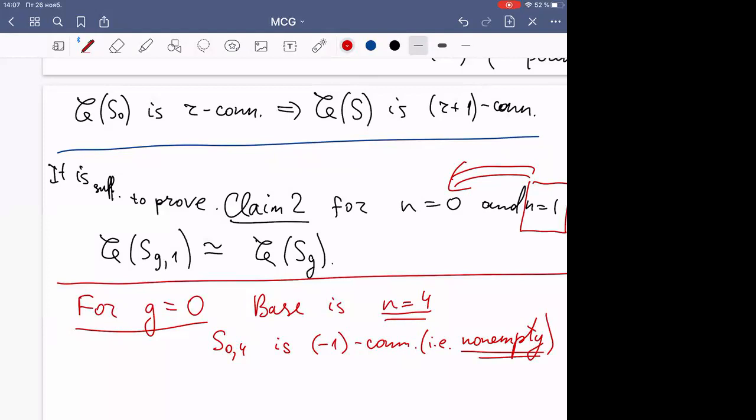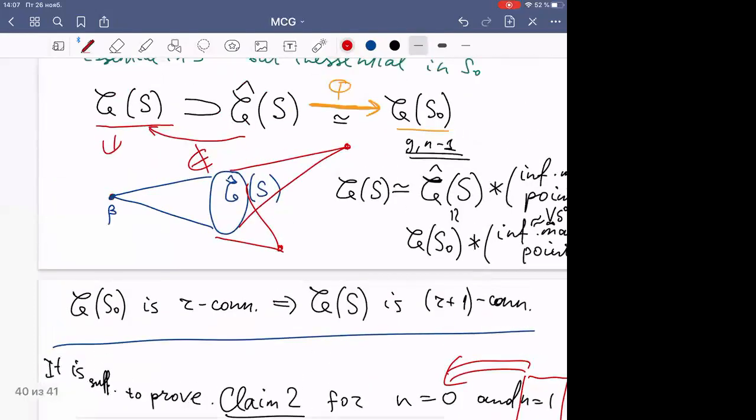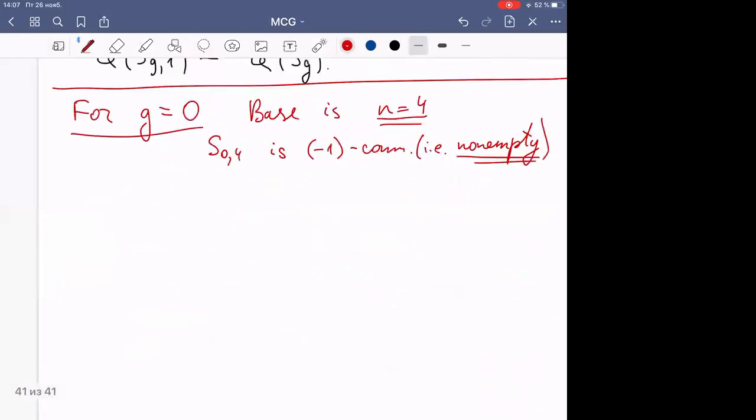So it is non-empty. Hence, on the second step, we take the join of a non-empty complex with infinitely many points, we get a connected complex. And on the next step, we get a simply connected complex, and so on.